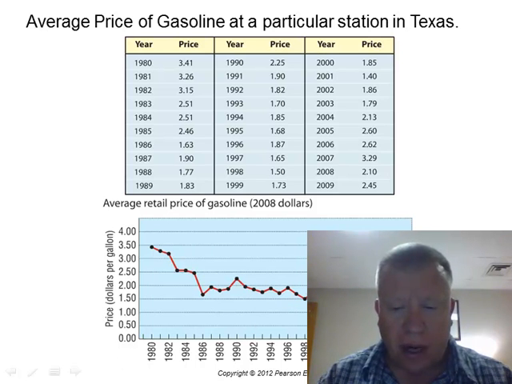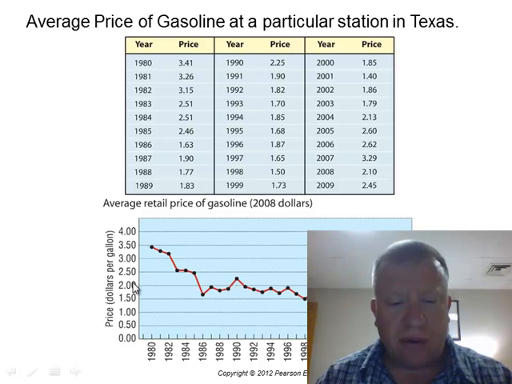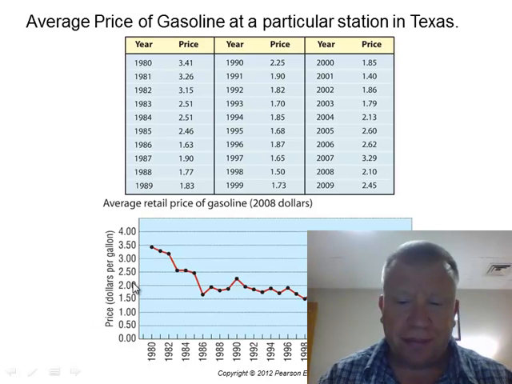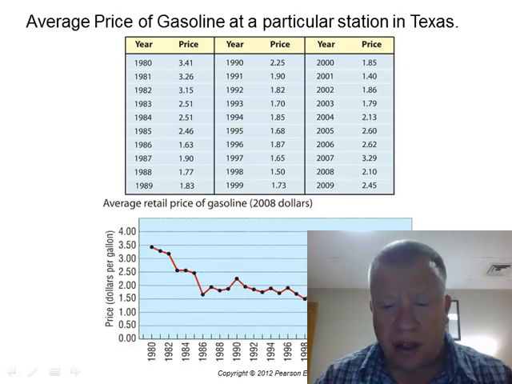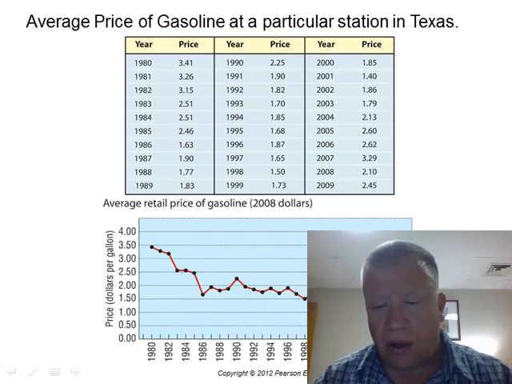On the horizontal axis, we've got year. On the vertical axis, we've got price in terms of dollars per gallon. And this shows the ups and downs of the prices, and of course you can see where the prices are relatively low in the late 90s and early 2000s compared to what they were in the early 80s as well as in the mid to late 2000s.